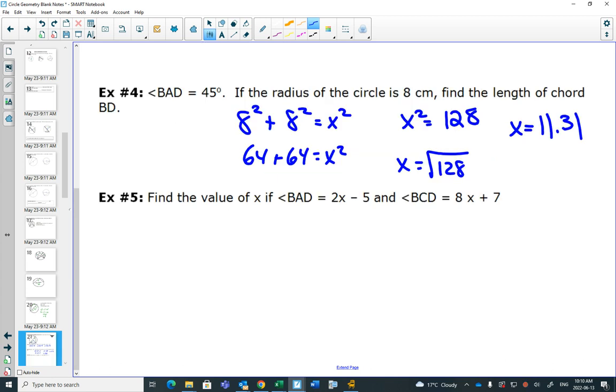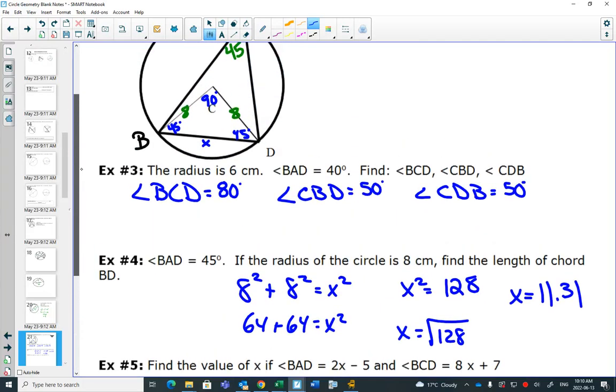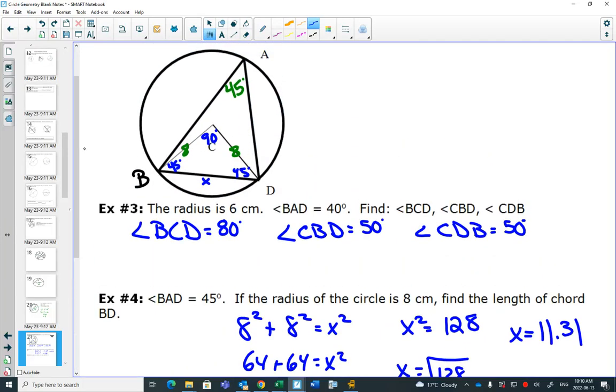Okay. Find the value of x if angle BAD is 2x minus 5 and angle BCD is 8x plus 7. So again, we're going to have to redraw or erase. I'm going to make a mental note to myself: next time, would your notes be nice if you had this circle redrawn for each one, or you had 3 copies of it?